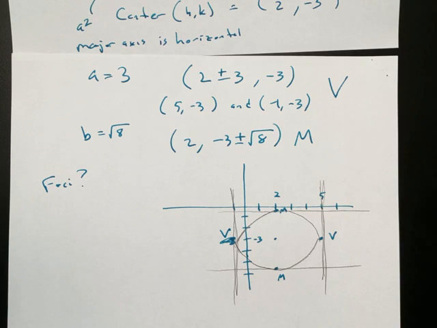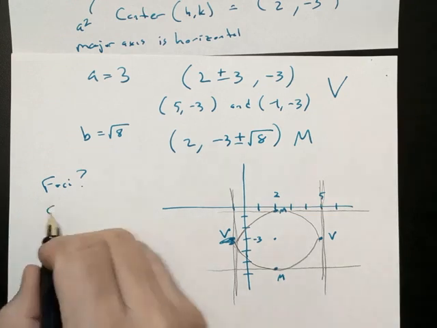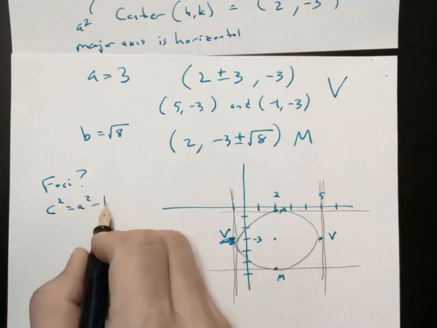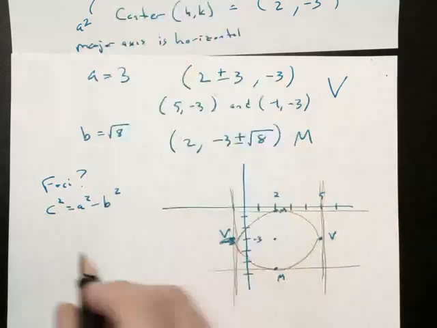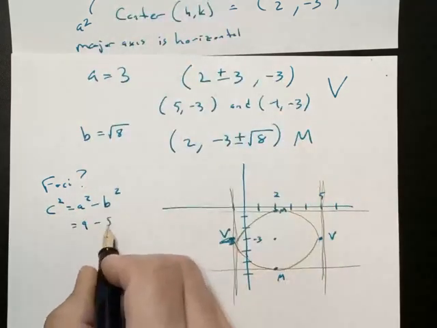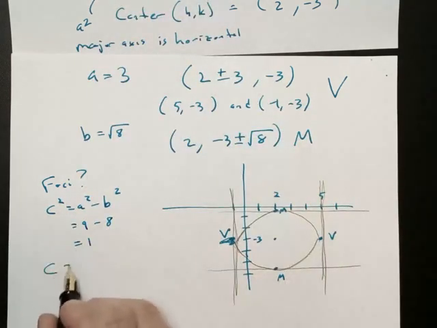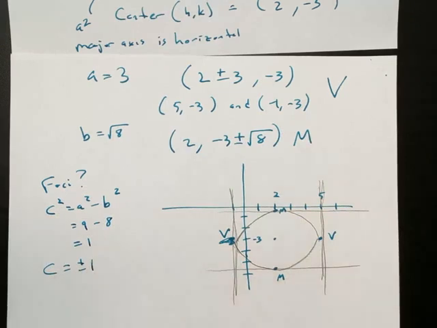Fortunately, this is on our formula sheet. When we are adding for an ellipse, we're subtracting to find C. It's C squared is A squared minus B squared. Oh, I have those numbers. A squared is 9, B squared is 8, so C squared is 1, which means I go 1 unit.